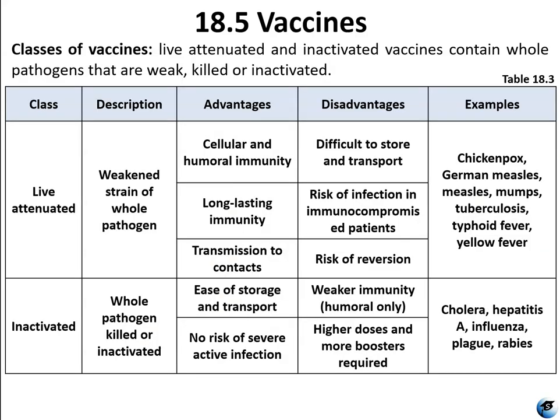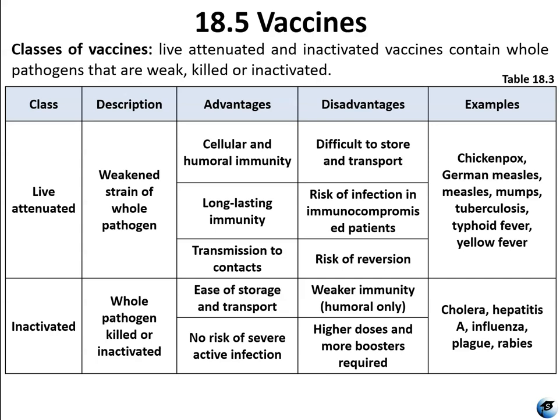So this table here, table 18.3, is showing the classes of vaccine. You have live attenuated and inactivated vaccines. You have vaccines that have whole pathogens that have been weakened, those that have been killed, or those that have been inactivated. So your live attenuated vaccines, examples of this are chickenpox, German measles, mumps, tuberculosis, typhoid, and yellow fever vaccines.